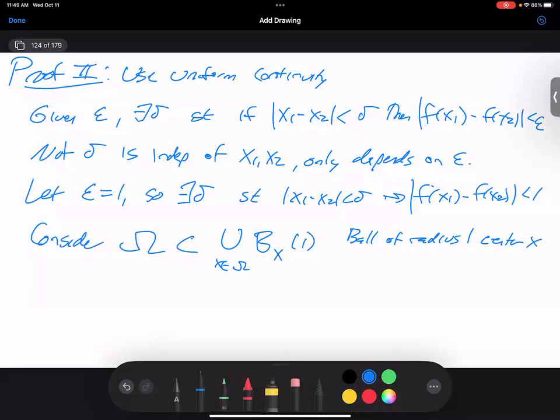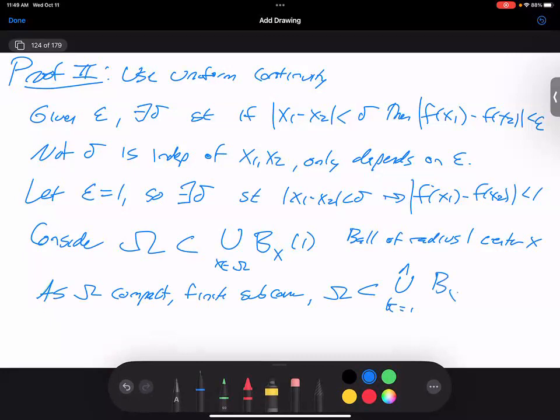Yeah, because each ball contains x. Now, as omega is compact, we have a finite subcover. So omega is contained in, say, a union, k goes from 1 to n, of the ball about x_k of radius 1.